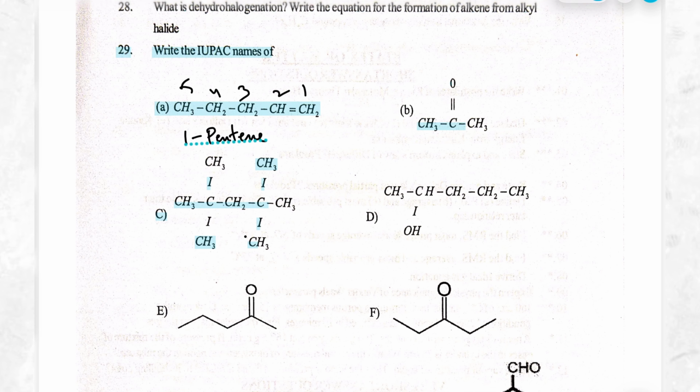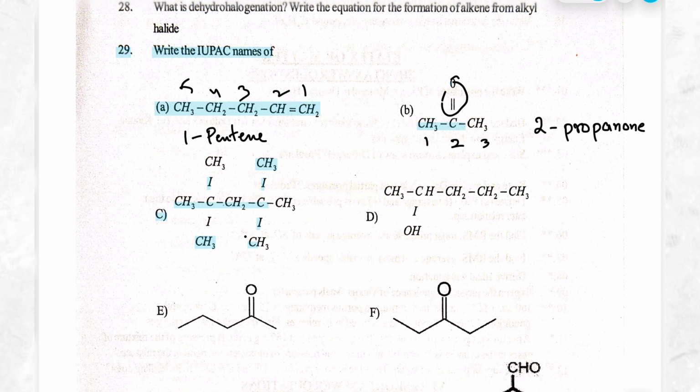Is 1-pentene completed? This is 1, 2, 3. So here a ketone is there. So 2-propanone, 2-propanone, done. You will get 2 marks here. Clear? Here also you can see how many carbons are in the straight chain.